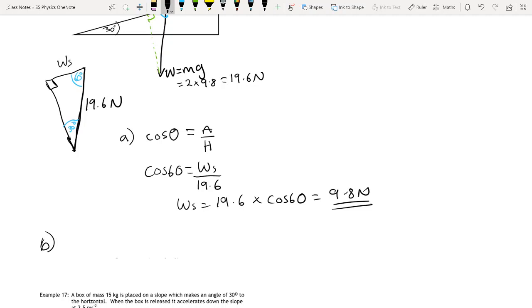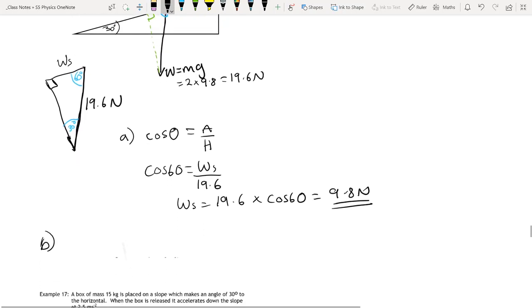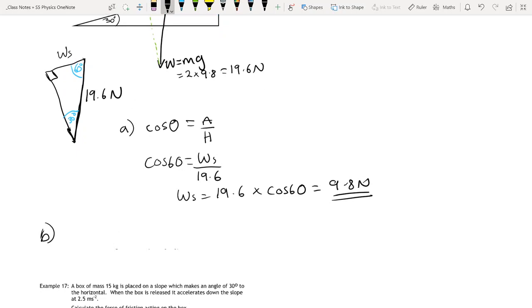Part B asks you to calculate the acceleration of the block down the slope when the frictional force acting on the block is 4 newtons. And that is just what you would normally do. So we've got now a 2 kilogram block. We know what this force is, it's 9.8 newtons. We've got a resistive force of friction, which is 4 newtons. So you use unbalanced forces, mass times acceleration.